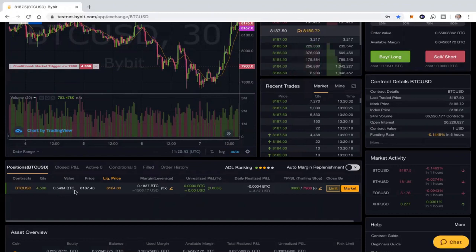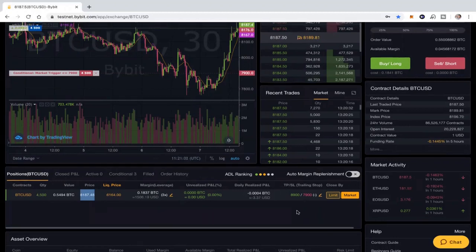And I entered the trade at 8,187. My liquidation price is 6,164. And then as I showed you guys when we were first entering the trade, I had a downside risk and an upside opportunity. So I've set it up for myself so that if it drops to 7,900, I will lose an amount of money, but not that much because I've limited my downside risk.